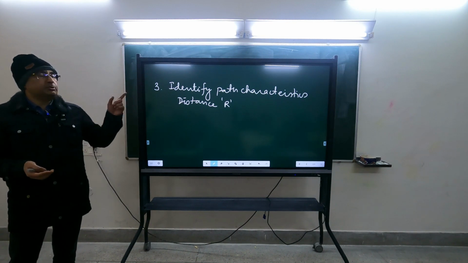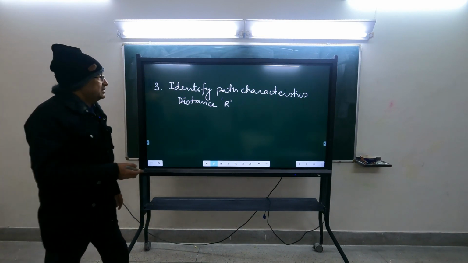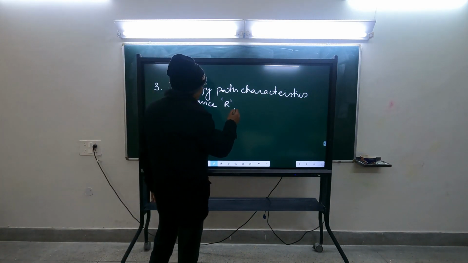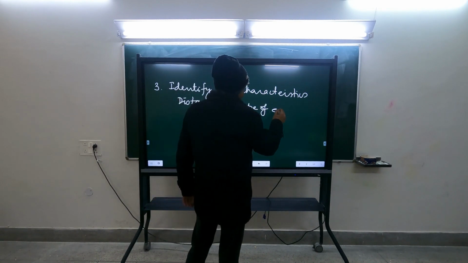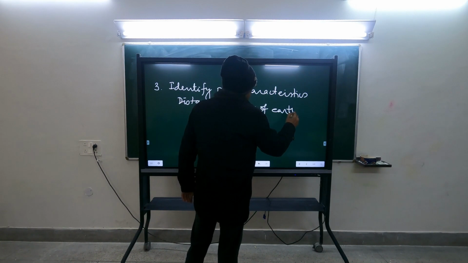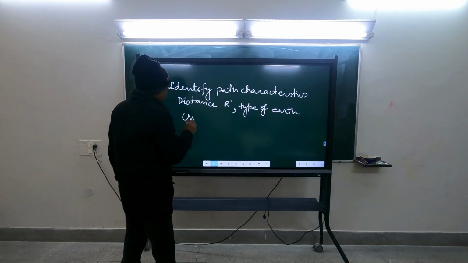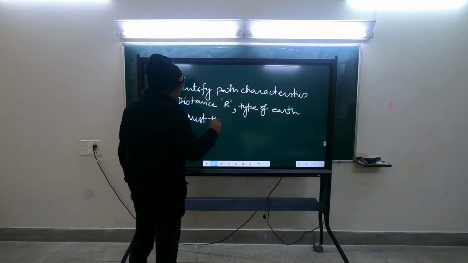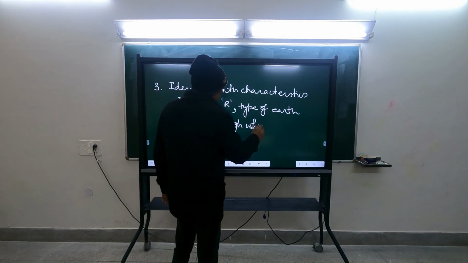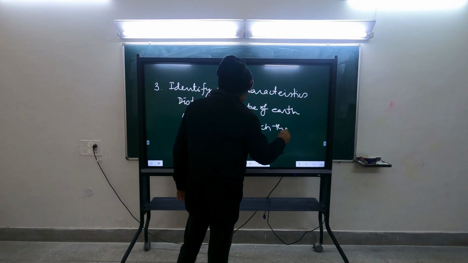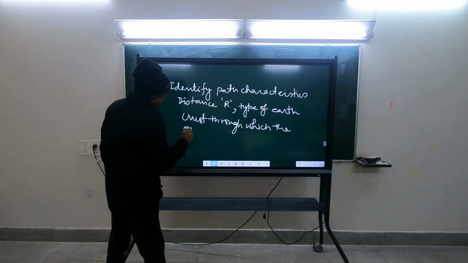So it depends upon M and R, and then it will also depend on the type of earth crust through which the earthquake motion is traveling.